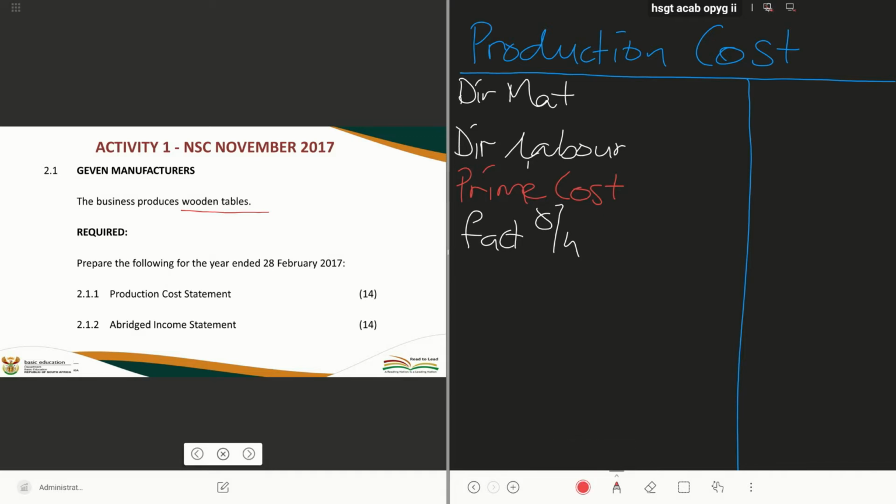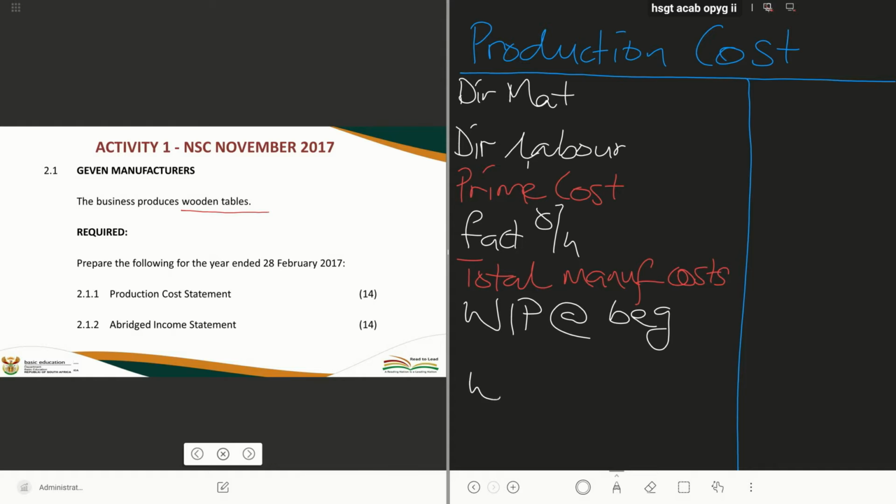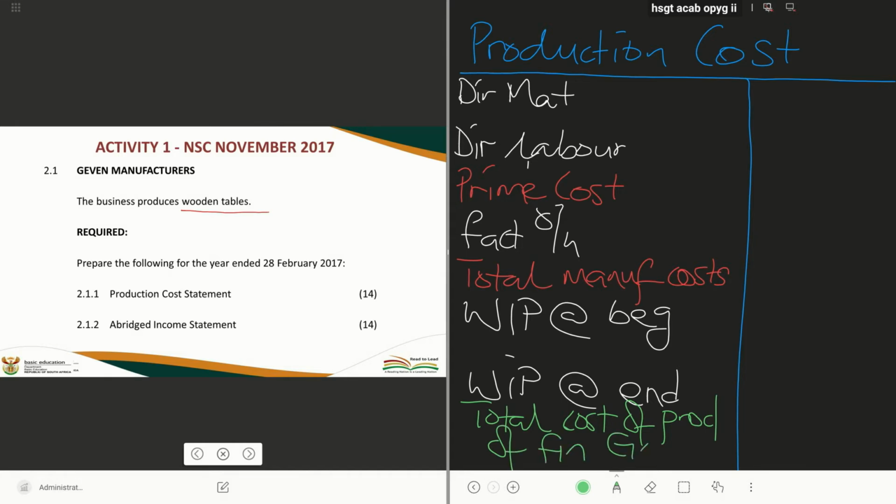You'll get your total manufacturing costs. Then you must add your work in process. Remember which one? At the beginning. You must subtract your work in process. Which one? At the end. Then the answer that you'll get is your total cost of production of finished goods.